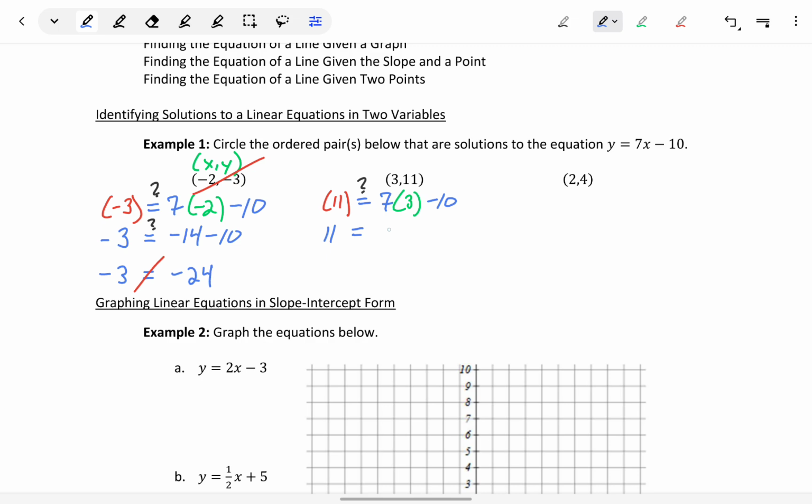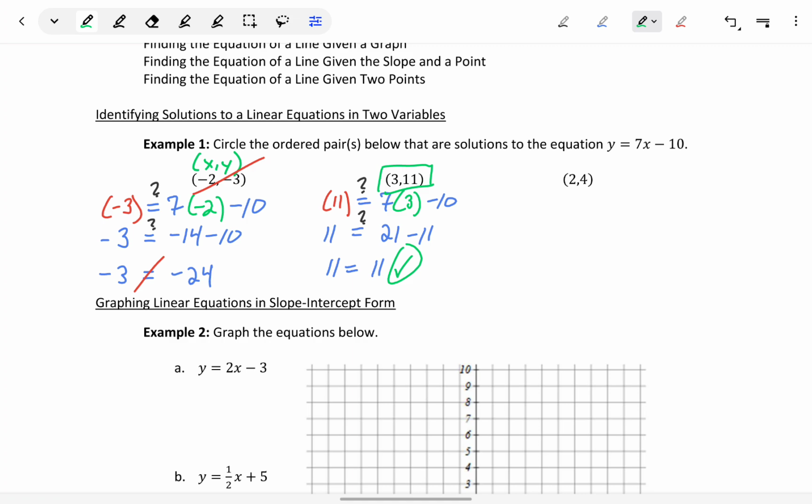Here we'll end up with 11 is equal to 21 minus 10, which gives us 11 is equal to 11. So both sides of the equation are equal when we plug in those x and y values, meaning the point 3, 11 is a solution to the equation y equals 7x minus 10.